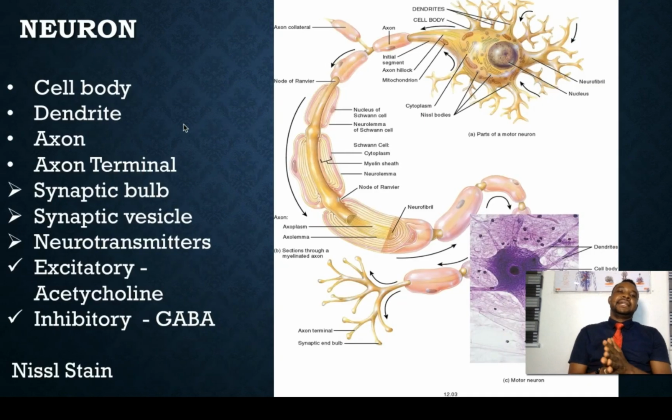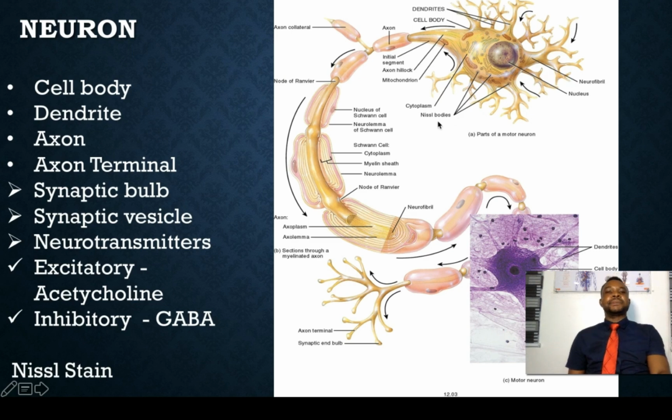Now, this is a typical neuron. As I've said earlier, this is the cell body. You can see this rounded structure here is the cell body. So we have the cell organelles, the nucleus, and the rest of the structures that are found, the neurofibrils, the Nissl body.